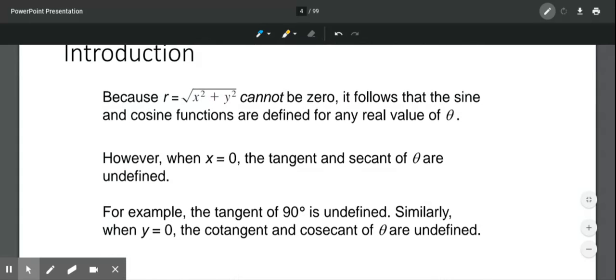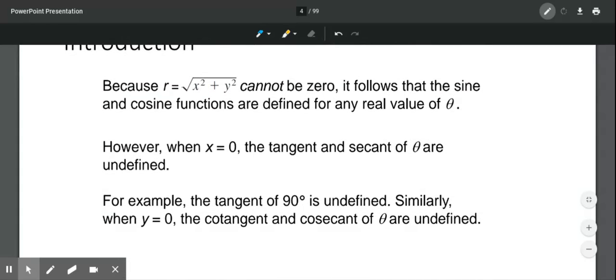And here's the explanation for why the radius is your x squared plus y squared. It's that Pythagorean theorem. However, remember that your radius can't be 0. That wouldn't make any sense, to have a triangle with a radius of 0, because then you wouldn't have a triangle.